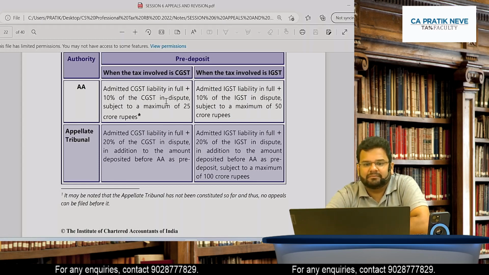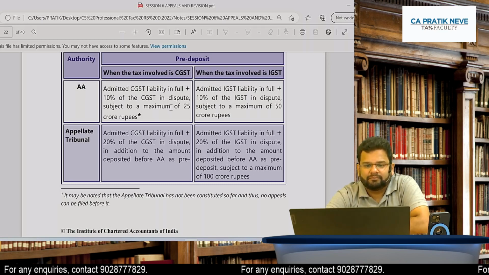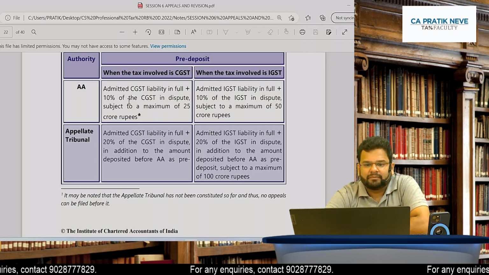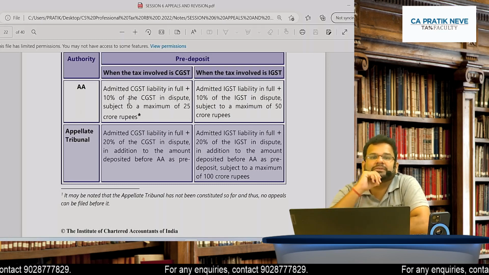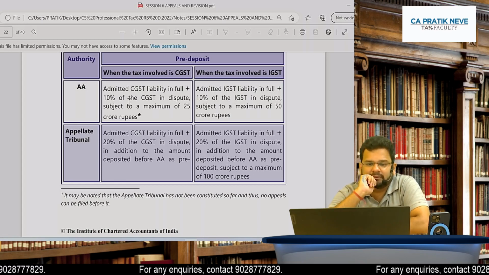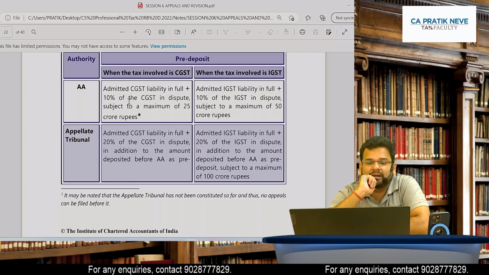Agreed? So when I am talking about 10% of CGST in dispute, it means in total 20%.